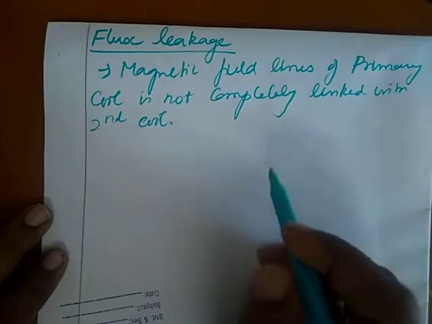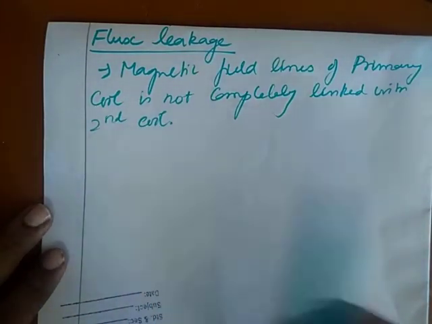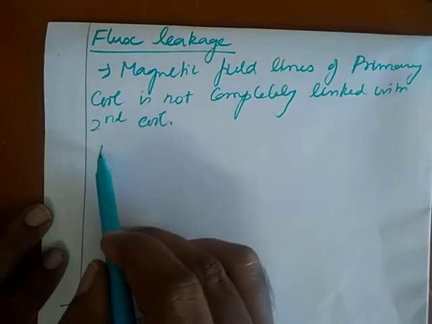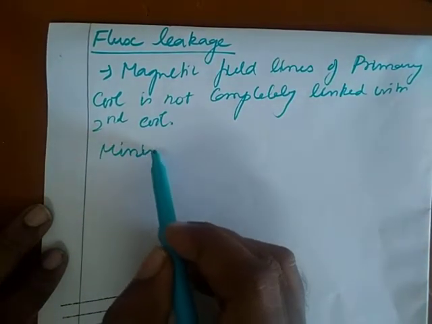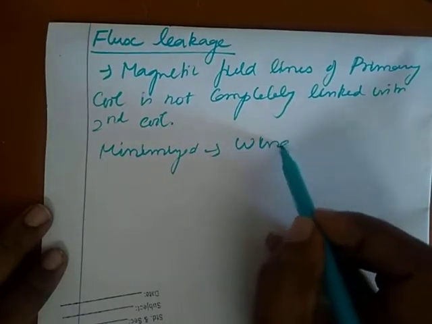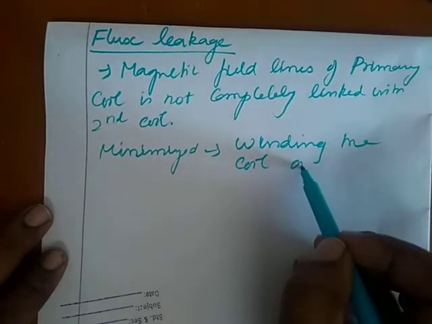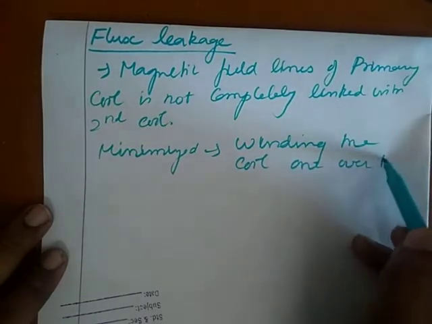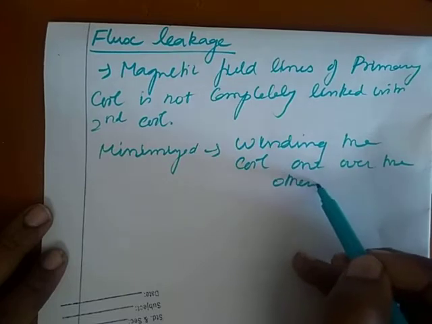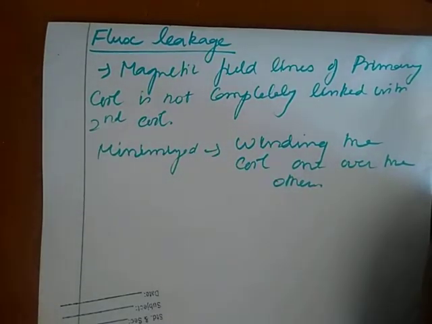This loss can be minimized by winding the coil one over the other. See, here we have seen three energy losses in a transformer.